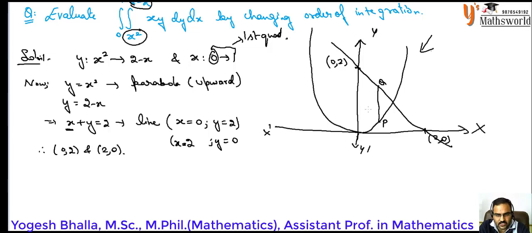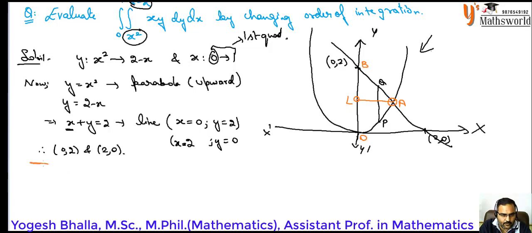So we can't consider a strip which touches the parabola and the straight line simultaneously. So what we do, we divide the given region into two parts from the point of intersection. Let it be O, this will be A, this will be B, and let it be L. Now the first aim is to calculate the coordinates of A and L. After that we'll do the further process.